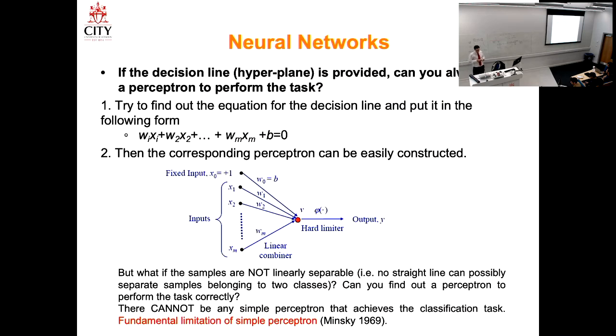But with perceptron, it is now a proven theorem that if a problem is linearly separable, a perceptron can solve it. So perceptron is very, very strong for linearly separable problems, but the problem raised in 1969 was that people said perceptron cannot solve the problems that are not linearly separable.